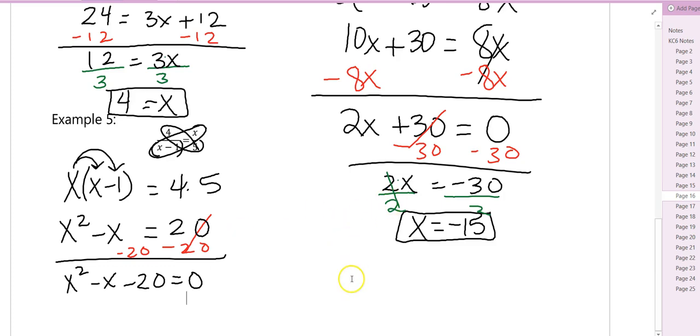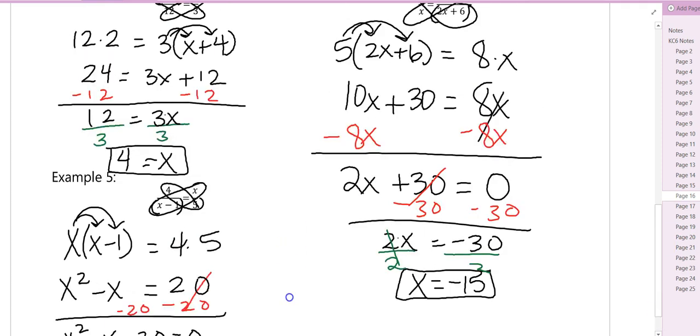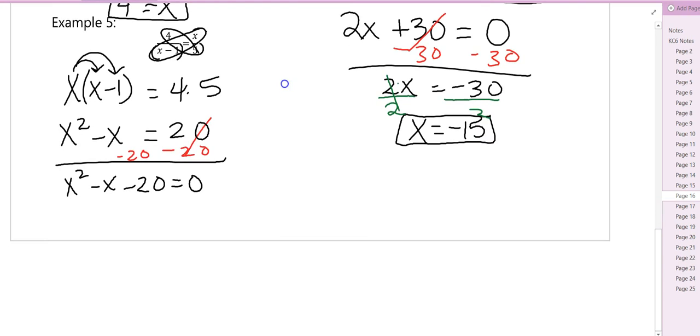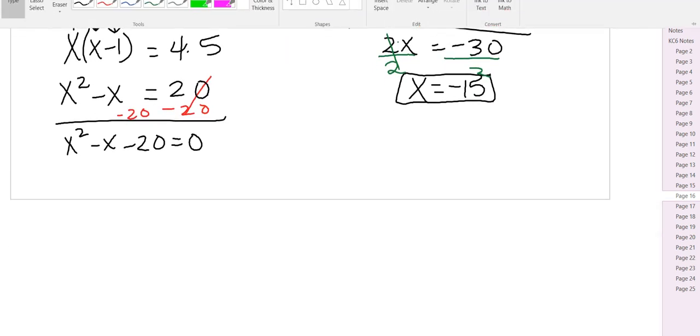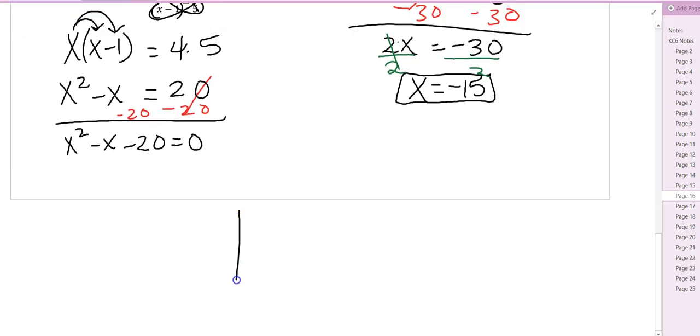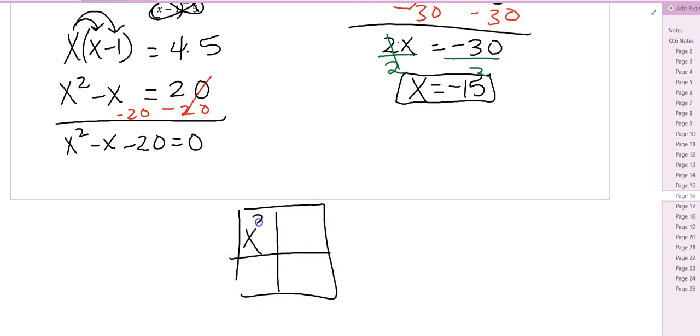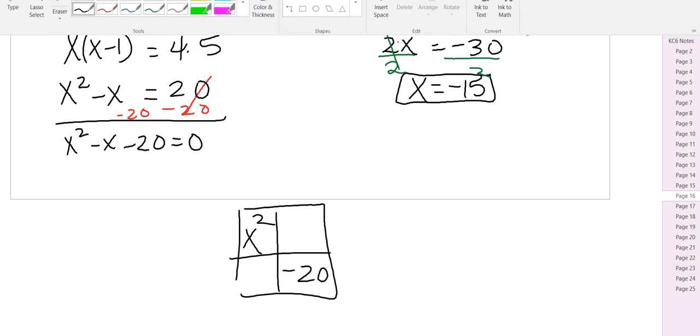So my Punnett square, right? My x squared goes in the top left. My negative 20 goes in that bottom right. So what I'm looking for are 2 numbers that multiply to negative 20, but add up to a negative 1x.